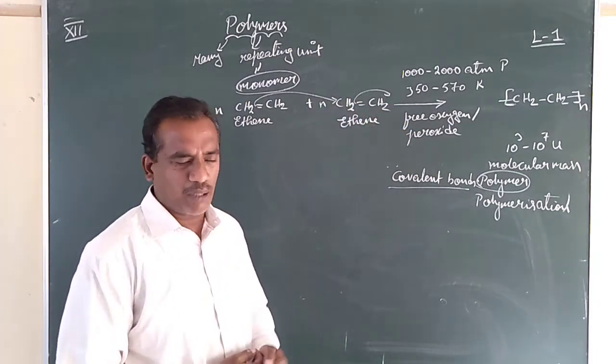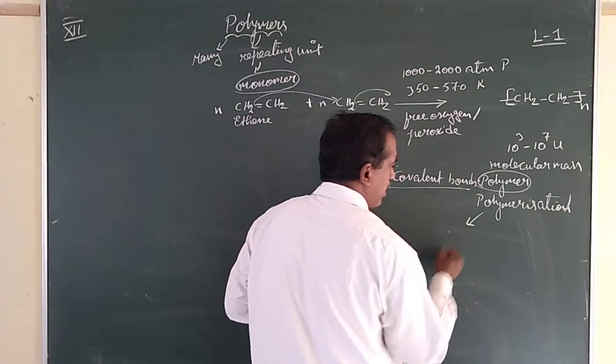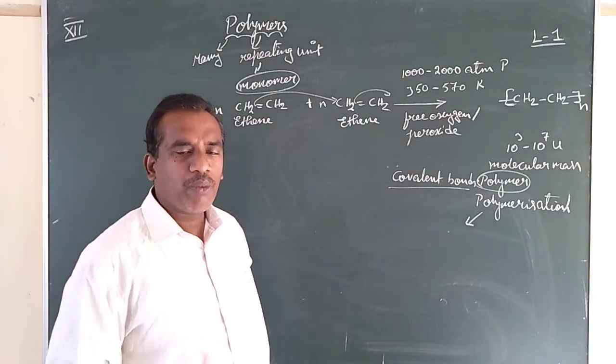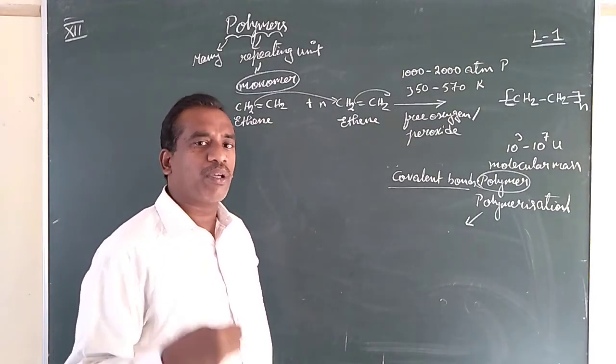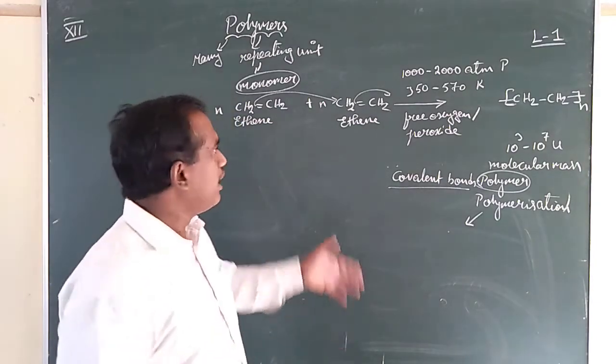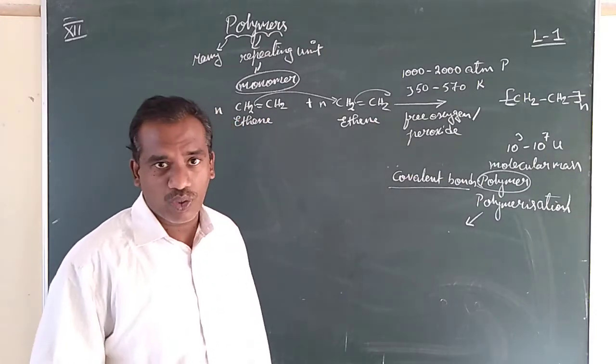So the polymerization that we are learning presently is mainly classified into two types. What is meant by polymerization? The process of forming a polymer from the same monomers or different monomers. Here I used the same monomers; you can use different monomers also.